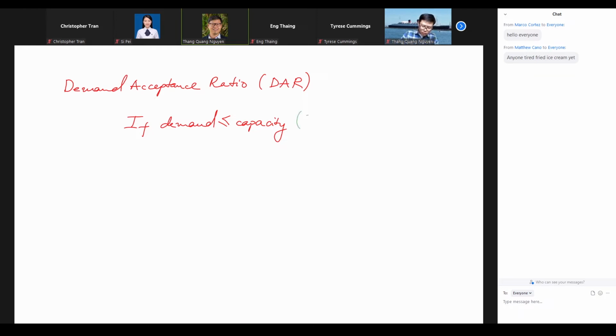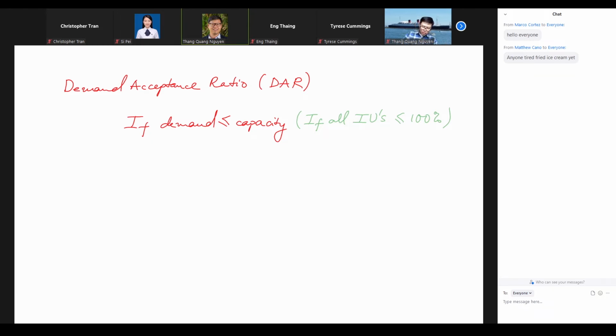If all IUs are smaller than or equal to 100%, then demand is smaller than or equal to capacity. So we're going to accept all of the orders. We accept all the demand because we do have enough capacity to handle all of the orders, right?